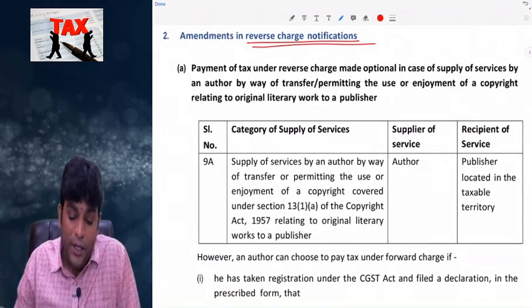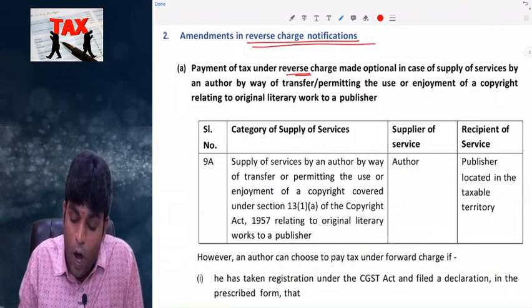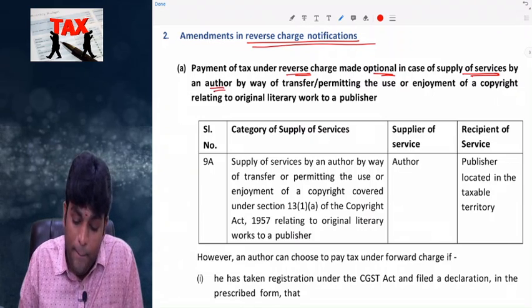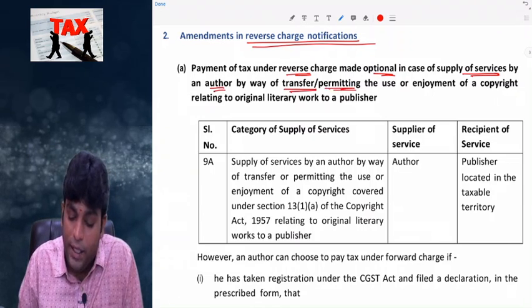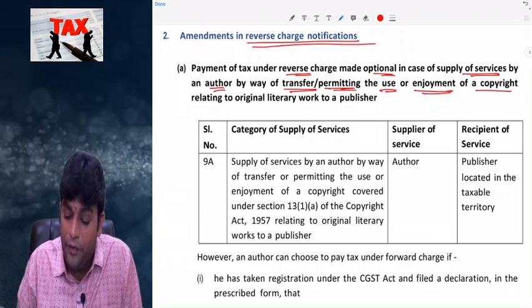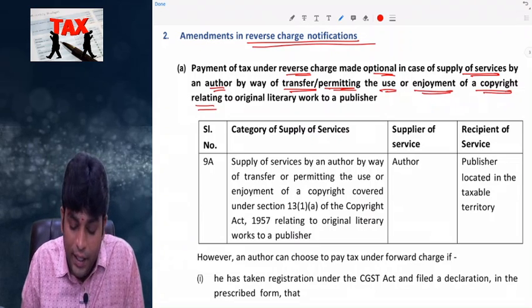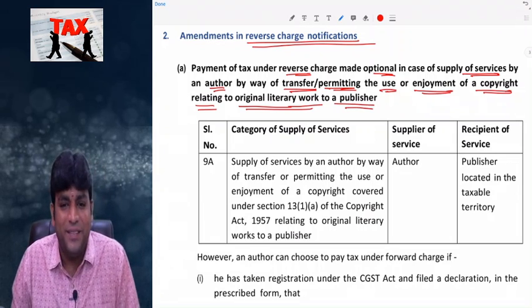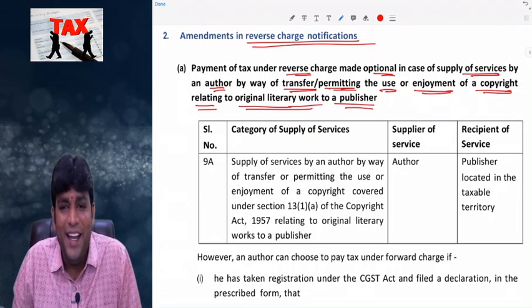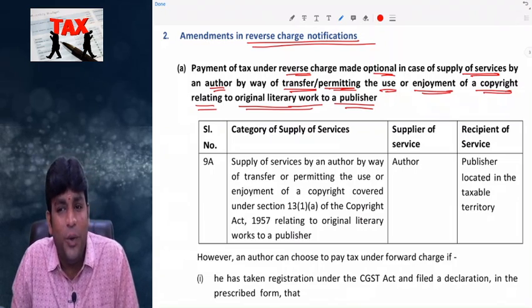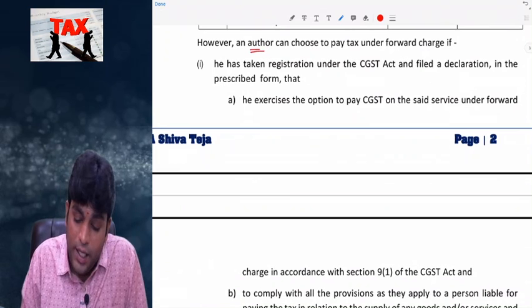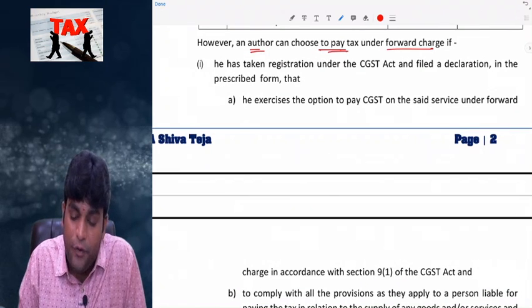See now, payment of tax under reverse charge is made optional in case of supply of service by an author by way of transfer or permitting the use or enjoyment of a copyright relating to original literary work to a publisher. Correct, right? Obviously that copyright is given to a publisher. Now see, however, author can choose to pay tax under a forward charge.